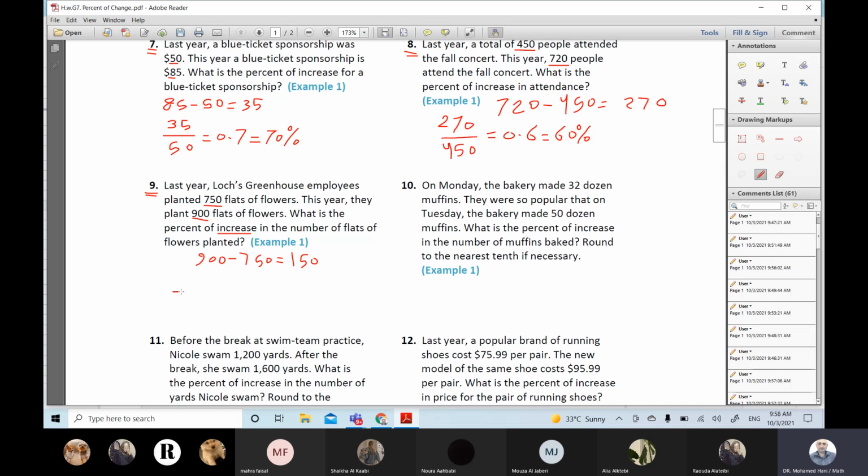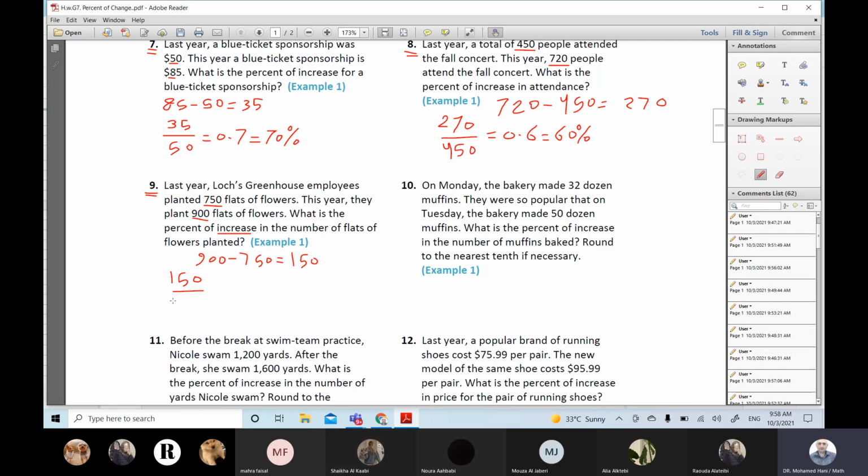Now we can use the rule. The part means the amount of increase divided by the whole, the basic number. Who can tell me what is the basic number here? Is it 750 or 900? 750.